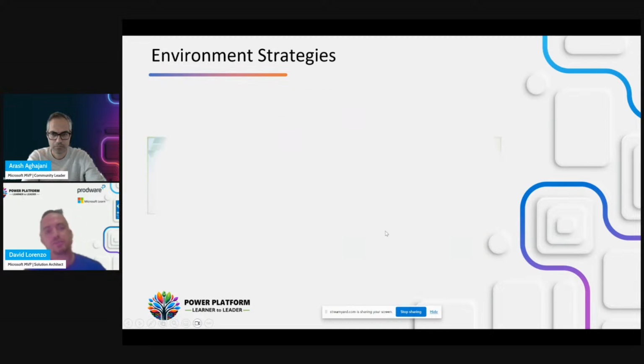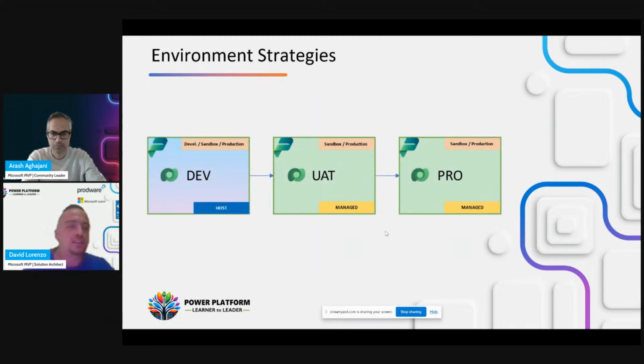Okay, and the other environment strategy is where we only have a development environment and UAT and production environments. So we can host the pipelines application in the dev environment without the need of creating a build environment. This is something new from a few months ago. With the last update of Power Platform Pipelines, Microsoft allows us to use the development environment for hosting the pipelines application.